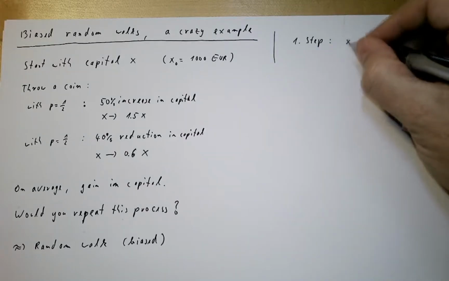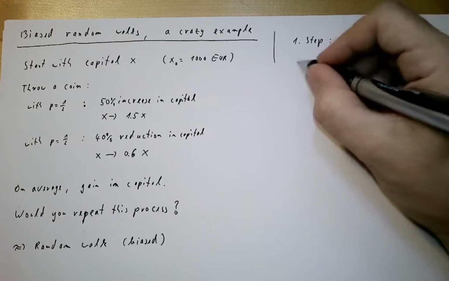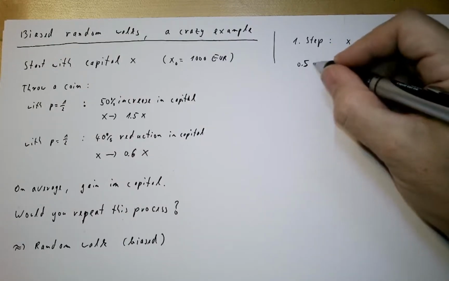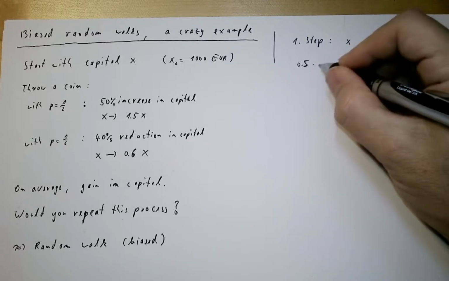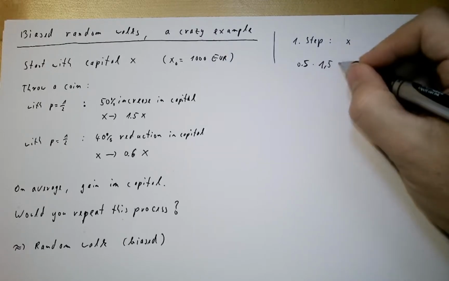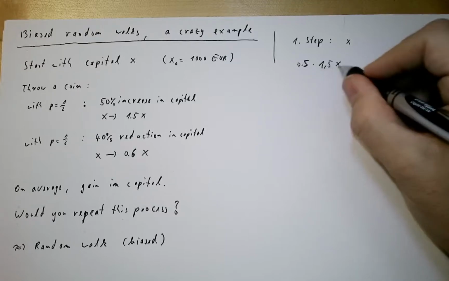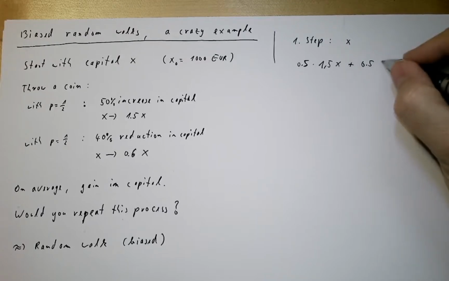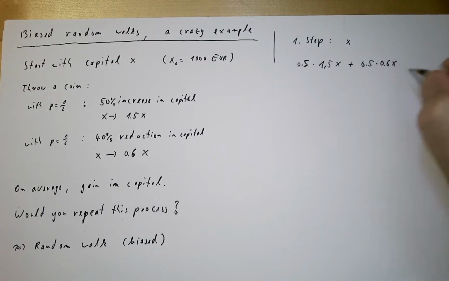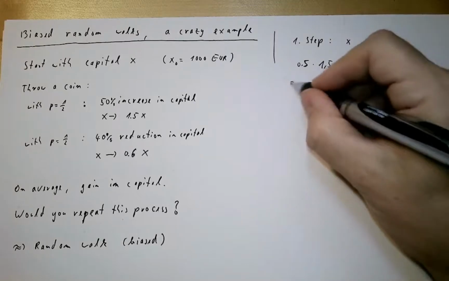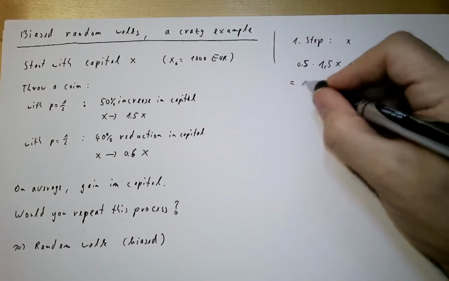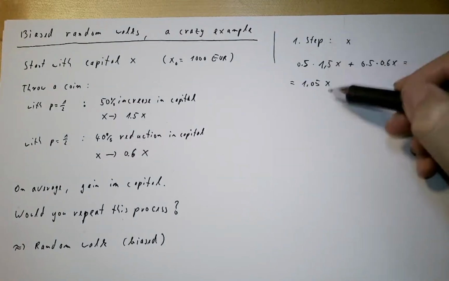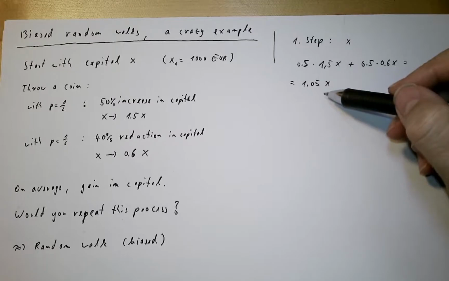You have a capital X, and with 50% we gain 50%, so we have 1.5 times X, and with 50% we have 0.6x. So this is 1.05x. It means in every step we have a 5% gain on average.